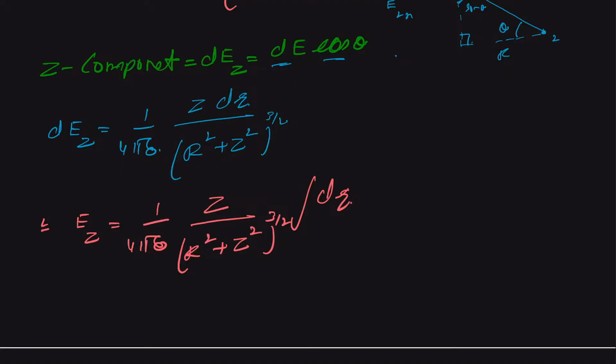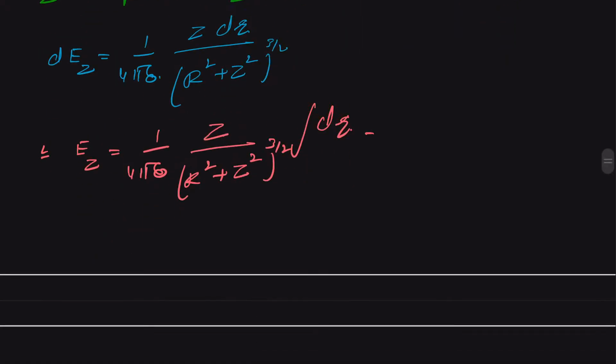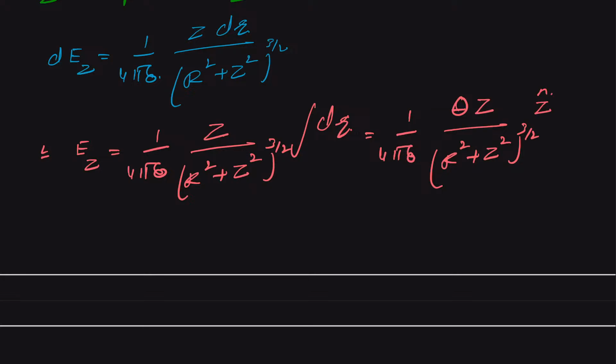The integration of dq is nothing but the total charge q. So we simply substitute it, and this comes as 1 upon 4 pi epsilon naught, q times z, upon r square plus z square to the power 3 by 2, and the direction will be along z.